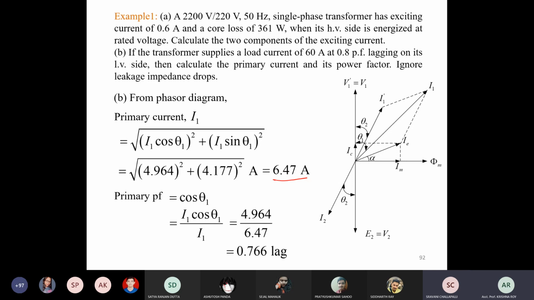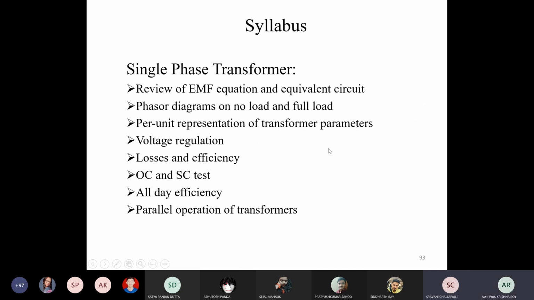So how to modify the phasor diagram for any given condition? That you have to understand. Am I clear? Okay, that's all about this equivalent circuit and phasor diagram.